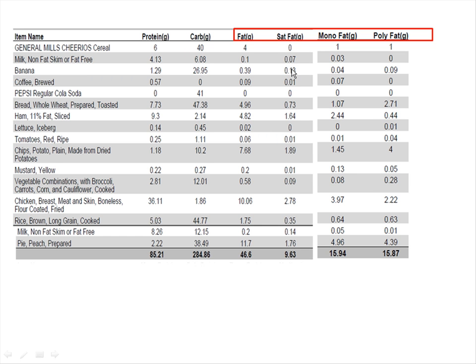So what you would have to do, and this is not a very good column because it's pretty low, is you're going to just go through the column and try to find out, if you need to reduce them, what food is high in saturated fat, and just pick that and reduce the serving size. You don't have to totally eliminate it.